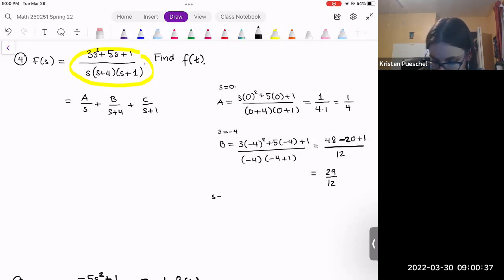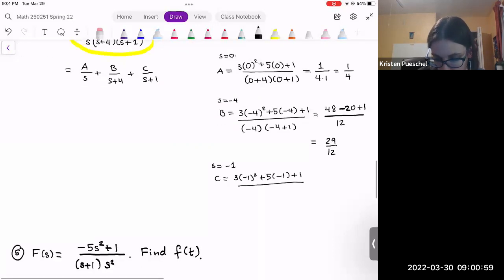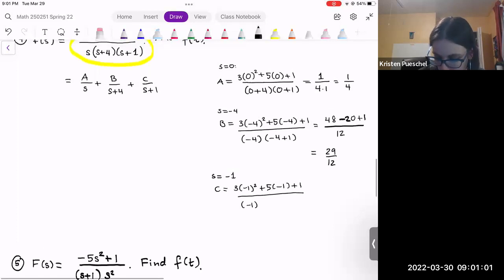And next up, let's look at this final unknown c. We're setting s equal to -1. And so c we're going to find by doing 3 times -1 squared plus 5 times -1 plus 1. And this is going to be divided by -1 times -1 plus 4.